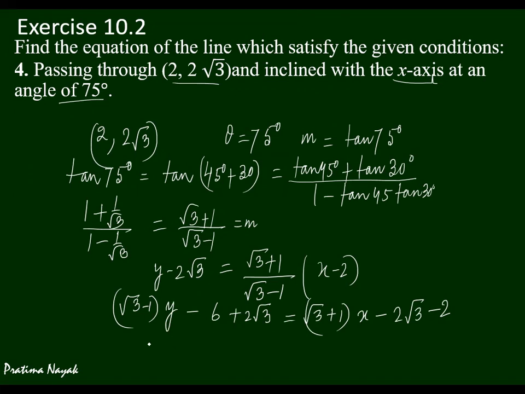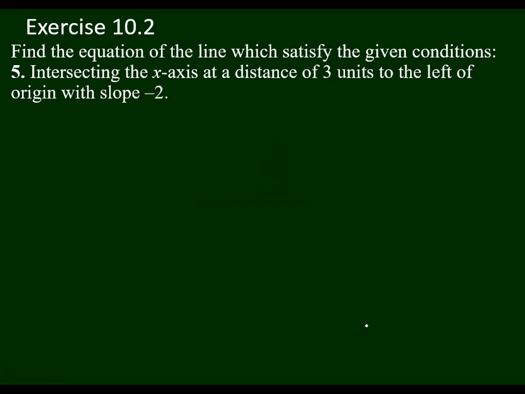So you simplify, it will be (root 3 plus 1) into x minus (root 3 minus 1) into y is equal to plus 6, 4 minus 4 root 3. Or you can rationalize, you can get the simplification.